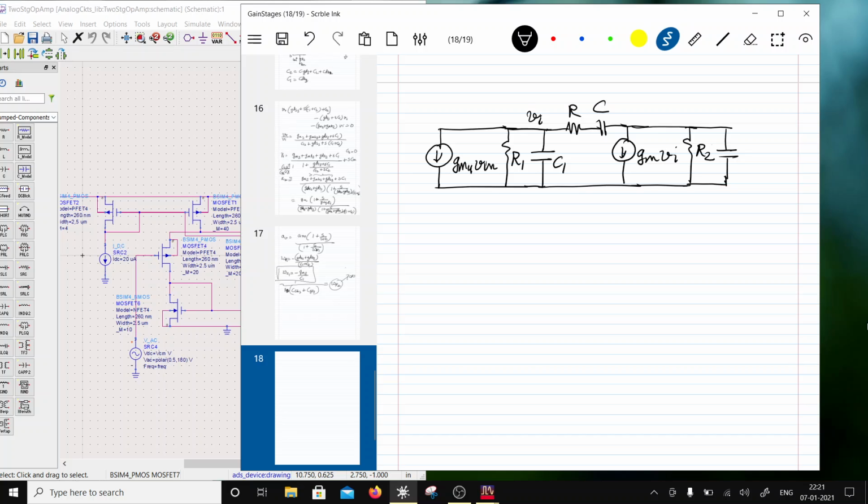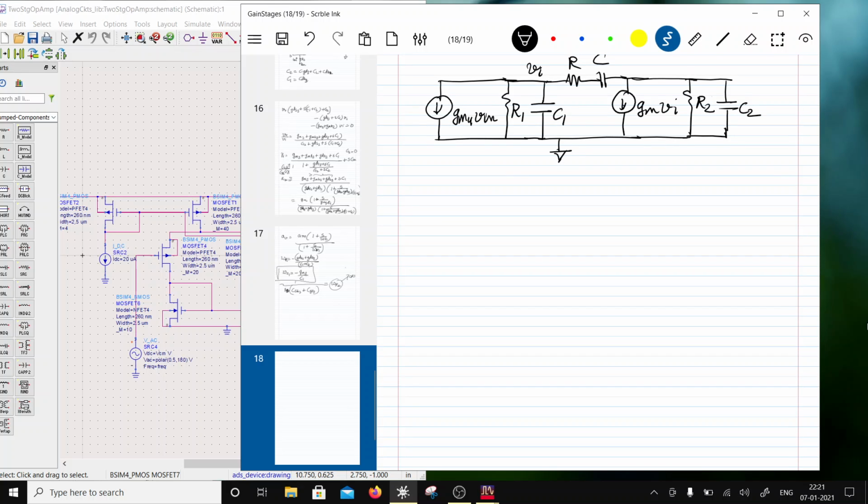And as I told you, two-stage op-amps are not loaded with resistance, right? They are going to be driving only capacitors. So in this case, you have C2, which would be CDB8 plus CDB7 plus CL. So let's write that down. So R1, or rather 1 over R1, is G1.